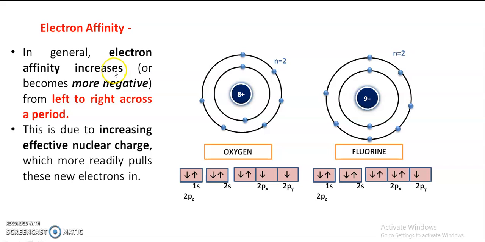Electron affinity increases, becomes more negative, left to right across the period. This is due to increasing effective nuclear charge, which more readily pulls new electrons in.